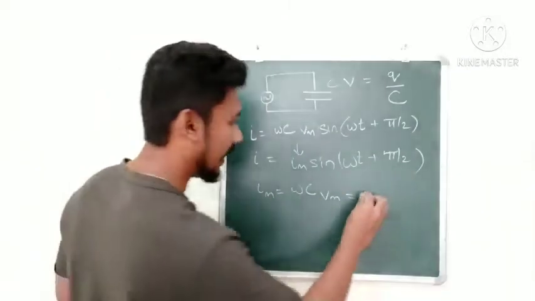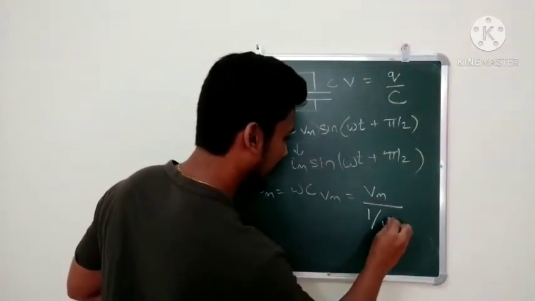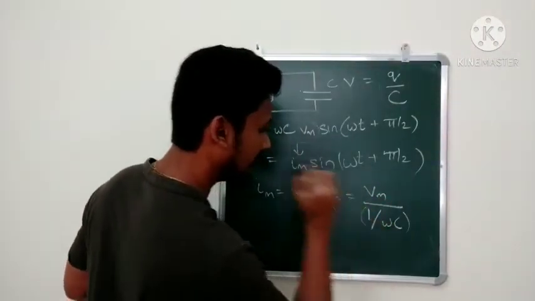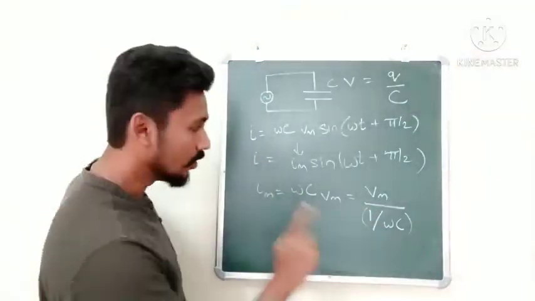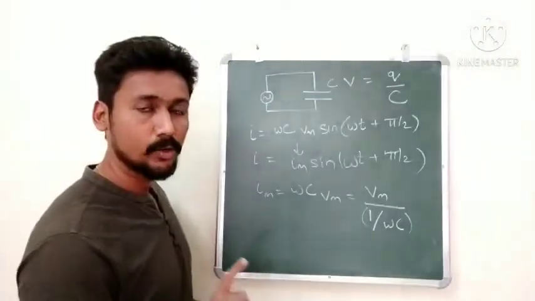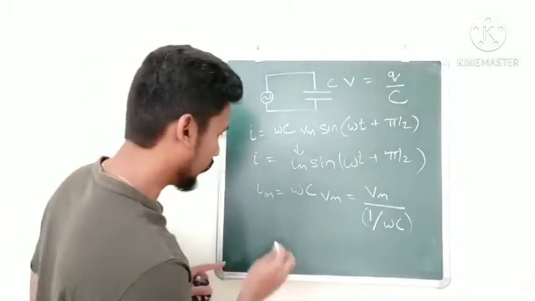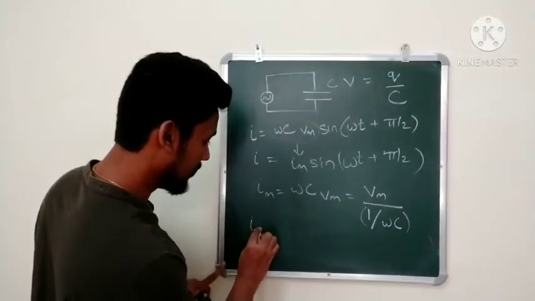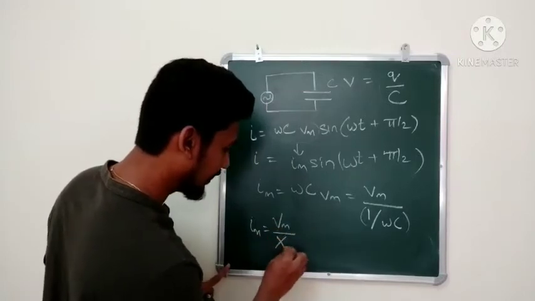Let us write this as Vm upon 1 by omega C. Now there is a specific reason why we have written this omega C like this. What we are going to do, this factor 1 by omega C we are going to call as the capacitive reactance. So therefore we will get Im is equal to Vm upon Xc.